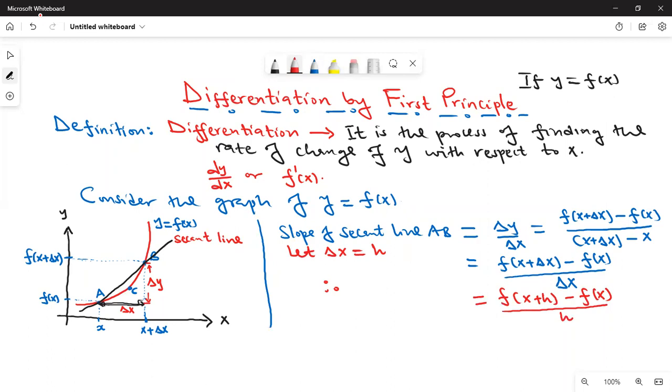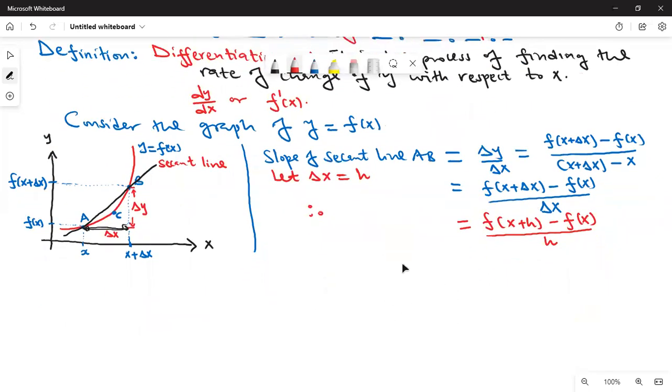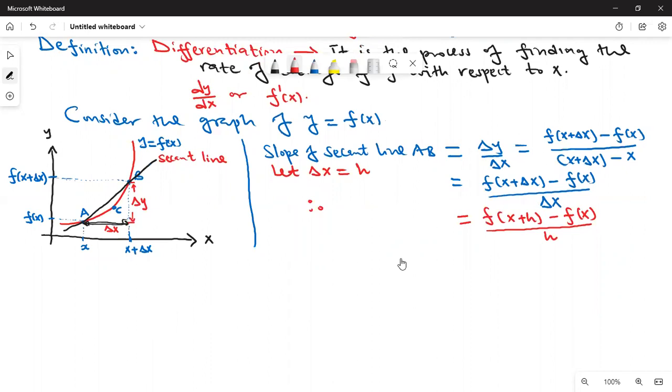Now, I want another line that will touch our curve at point C. Or instead of having to draw that line, this is what you are going to do. You take note that if h approaches 0, what you are calling h tends to 0, that's how it's written mathematically.